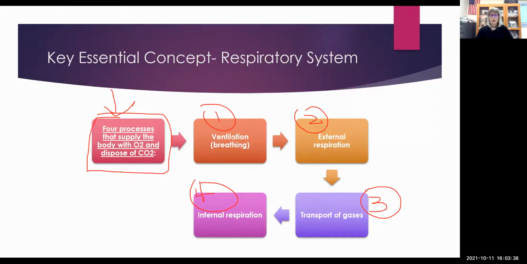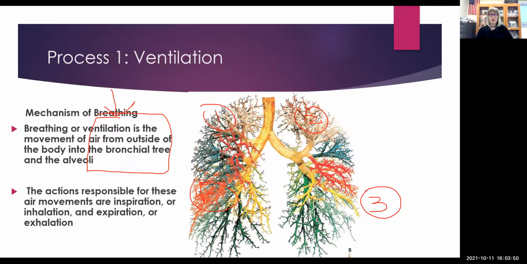We are going to go over ventilation, external respiration, transport of gases, and internal respiration. Once you understand these concepts, then I will present to you a different PowerPoint presentation that is going to help you understand a lot of what I'm talking about in terms of the details of how we bring in all this oxygen and how we can actually measure it.